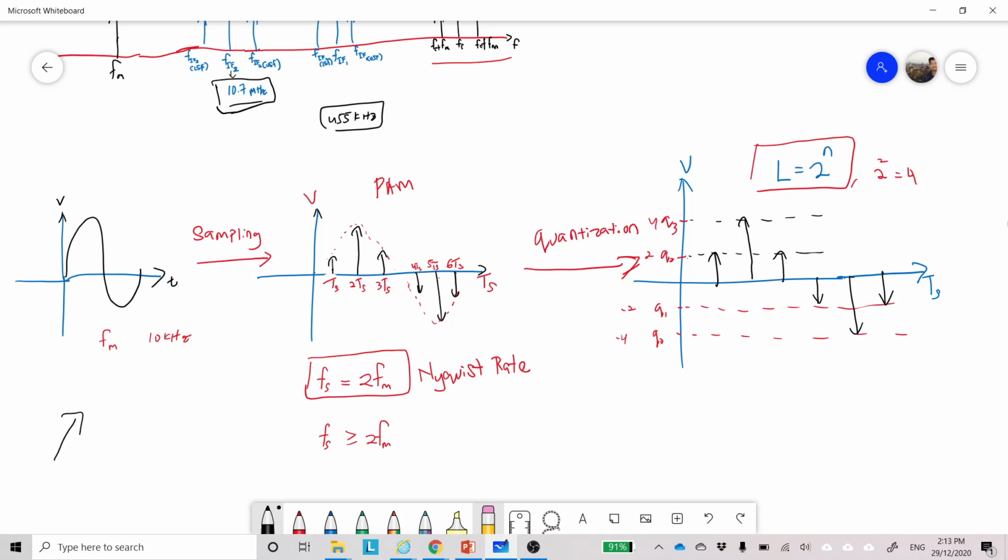Okay, so we cannot sample less than 2 FM, otherwise there's gonna be aliasing phenomena, yang mana berlakunya pertindihan antara simbol bersebelahan dalam frekuensi domain.